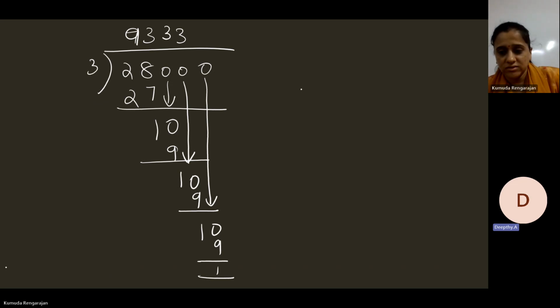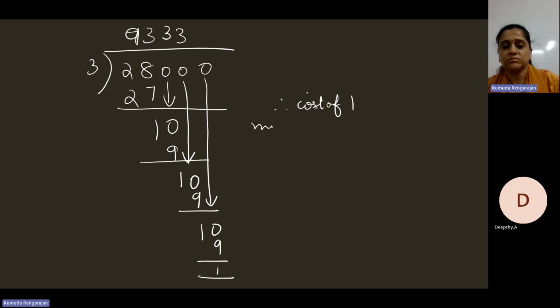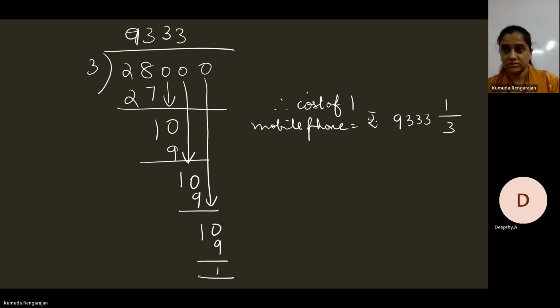So 9,333. You got this? Yes, ma'am. So the cost of one mobile phone is equal to rupees 9,333 1 by 3, as a mixed fraction.